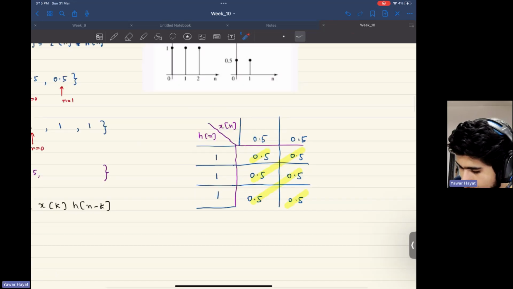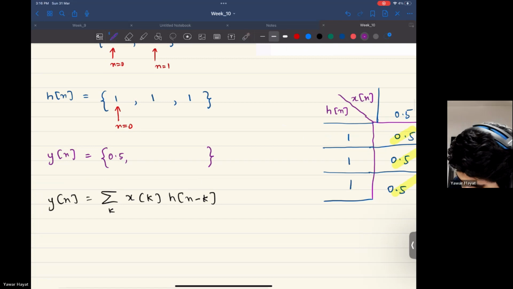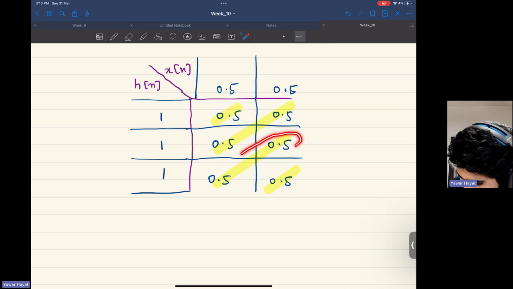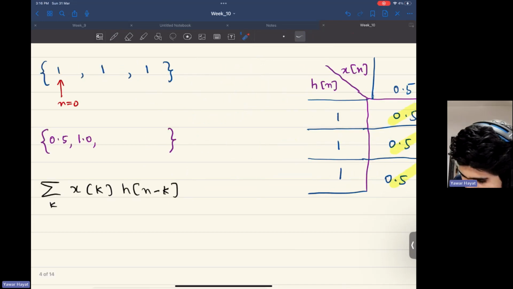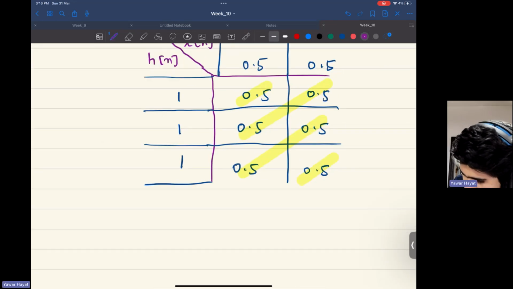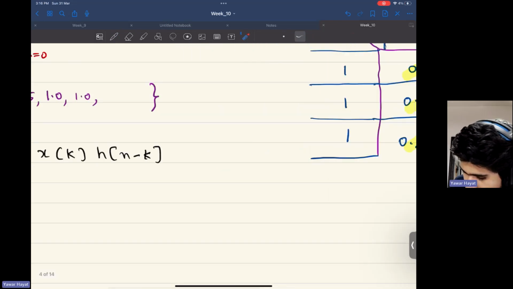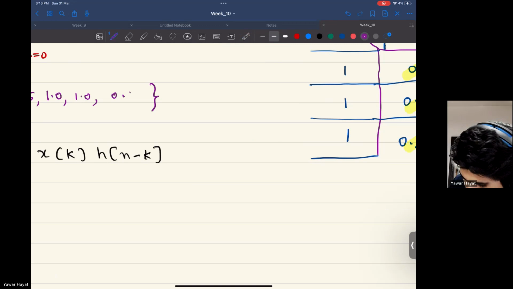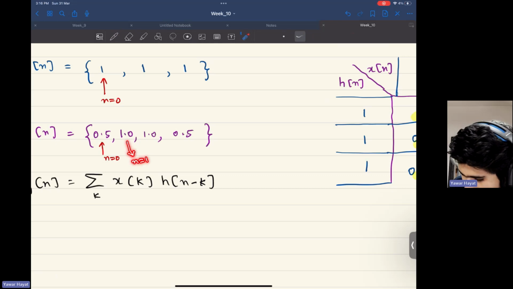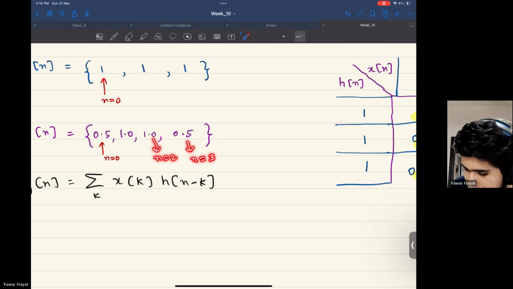They will be added: 0.5 plus 0.5 is 1. Likewise, added again: 0.5 plus 0.5 is 1. And then the last entry is 0.5. Those are the entries corresponding to n equals 0, then n equals 1, n equals 2, and n equals 3.